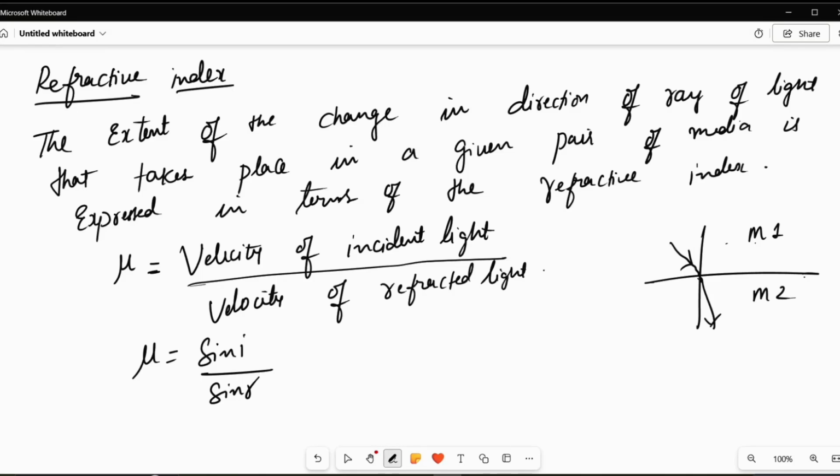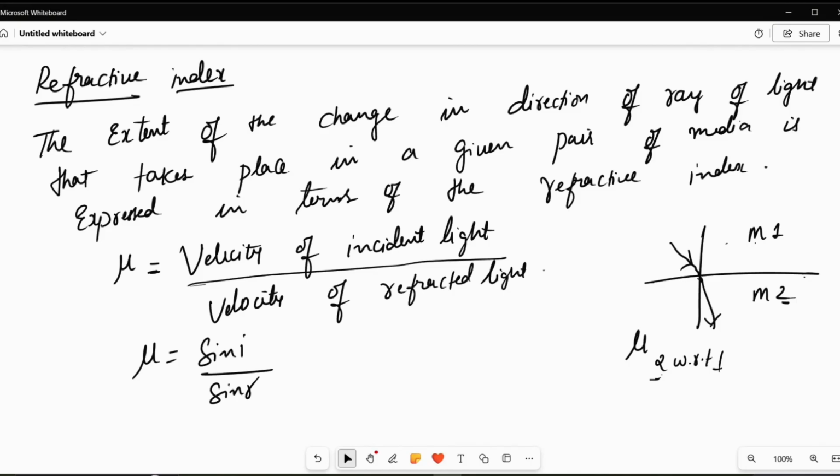Then, while calculating the refractive index, we write it as the refractive index of 2 with respect to 1. That means light is going from medium 1 to medium 2. Understood? That way we write.